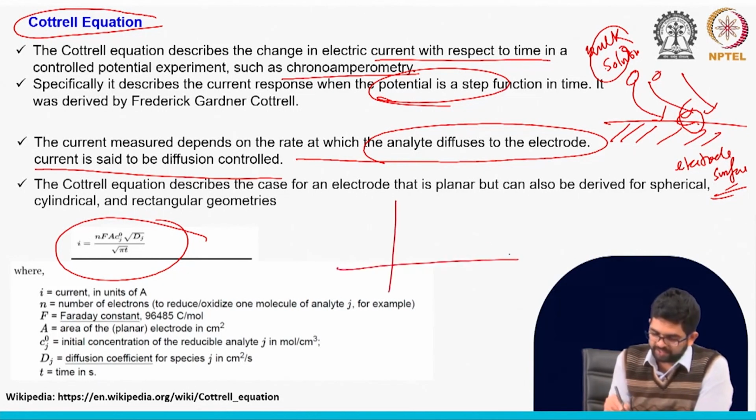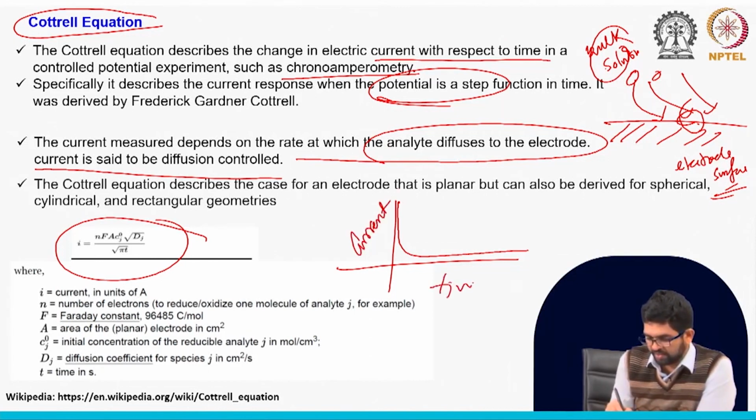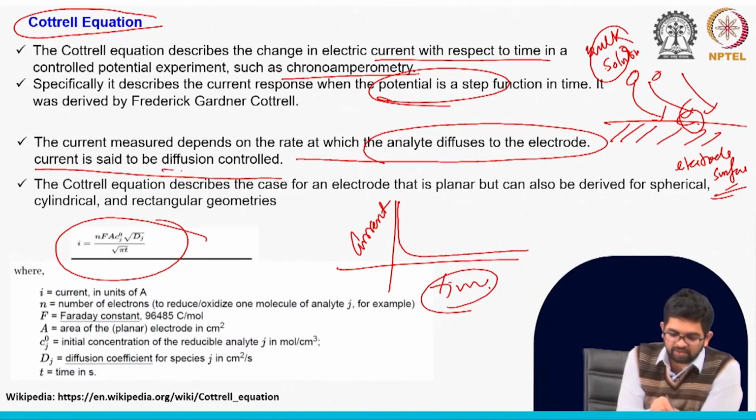Generally we expect that when you measure current with respect to time in chronoamperometry, the current will be constant, but sometimes there may be different diffusion. That is called diffusion control.